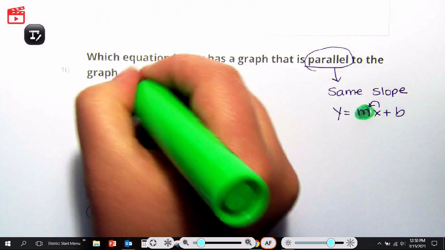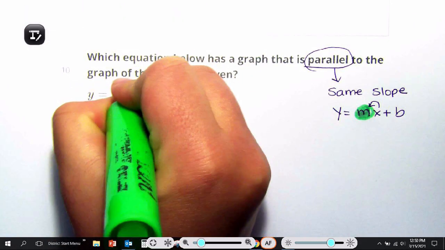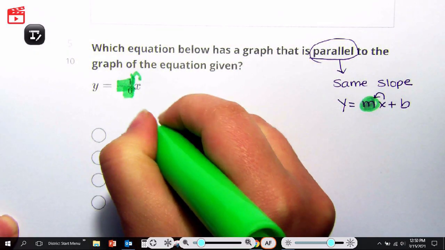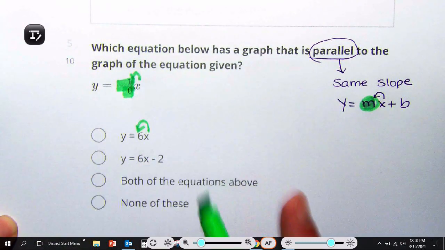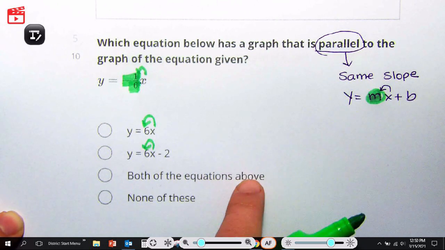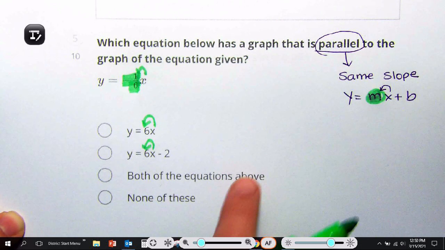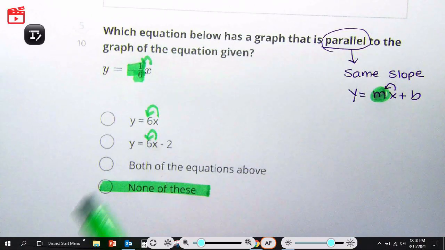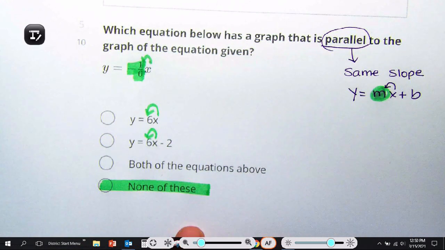So the number in front of x is a negative 1/6. So we're looking for negative 1/6. This is a positive 6. Is it the same? No. This is a positive 6. Is it the same? No. Both of the equations above are parallel? No, so it's none of these. Because you need the same number in front of x, if it's not the same number, it's not parallel.